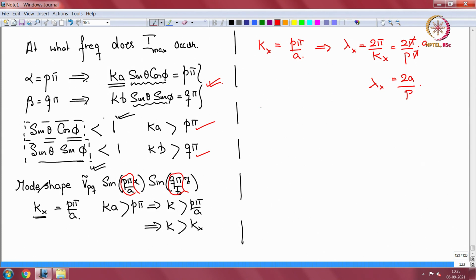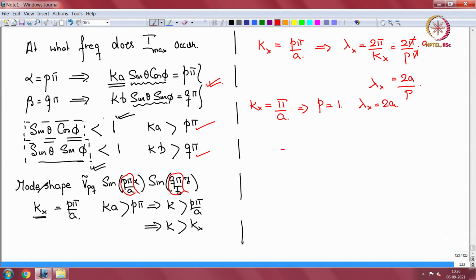So, suppose my kx happens to be pi by a, which means p is equal to 1. Then lambda x is equal to twice a. And how does the shape on the panel look like?